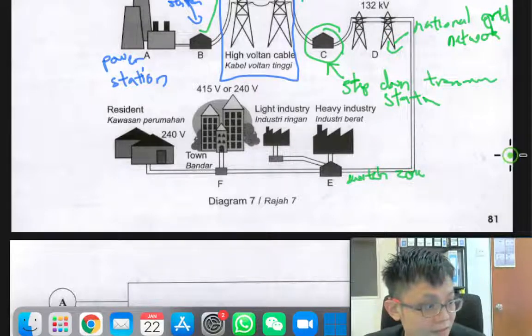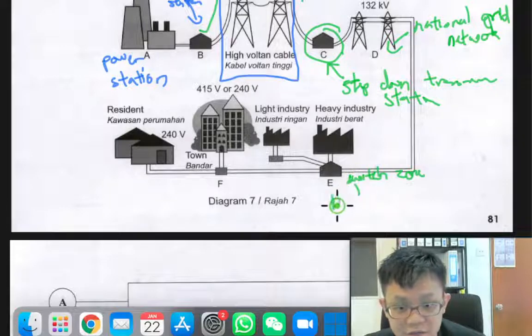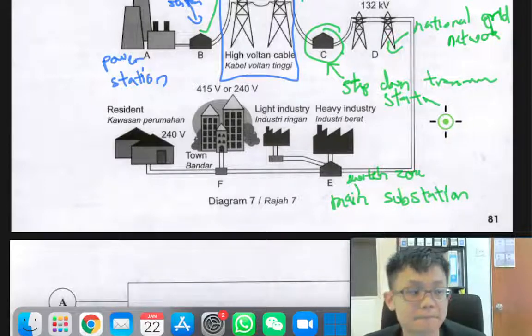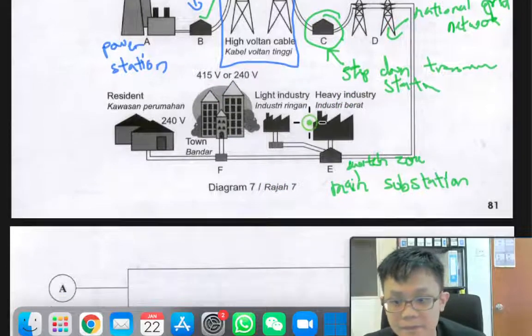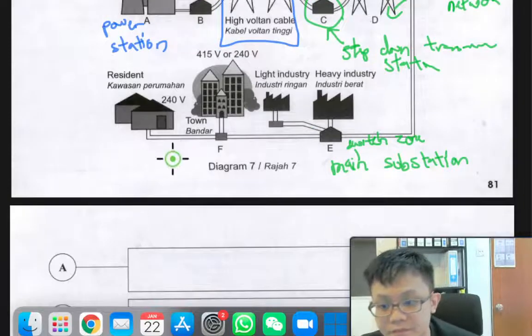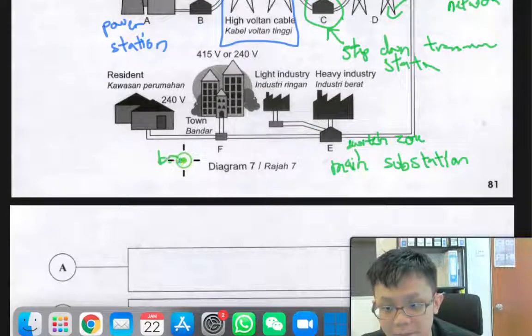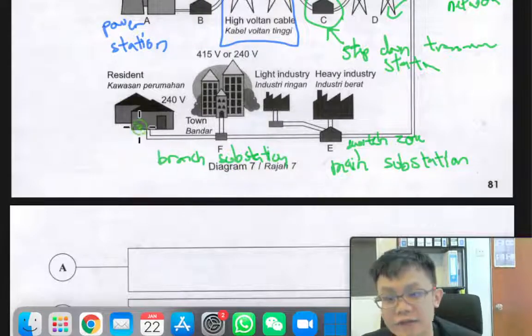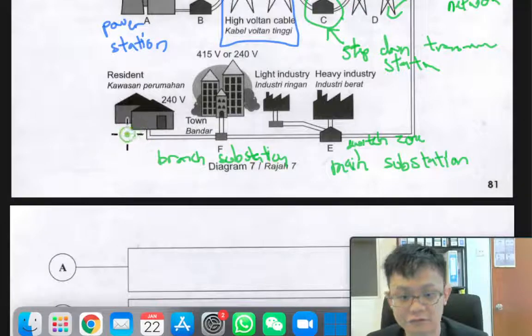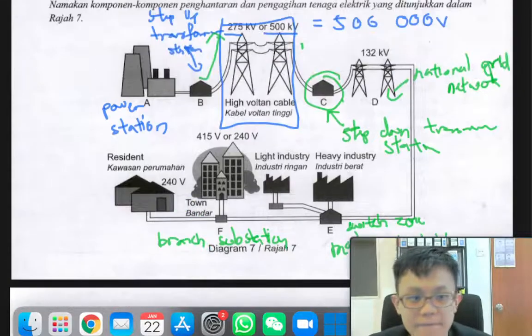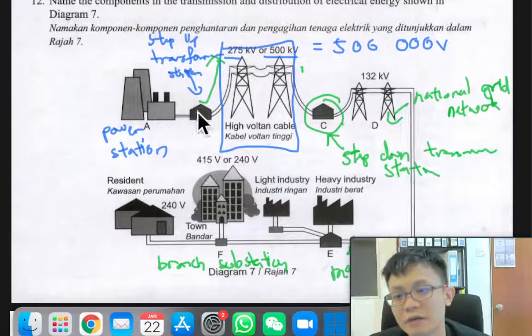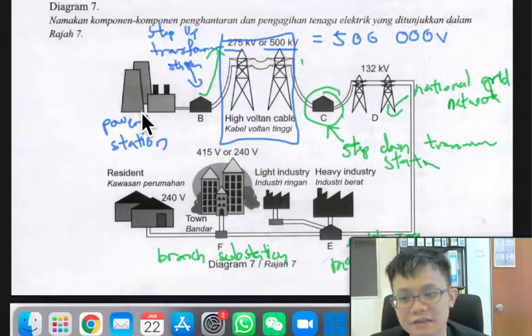Oh, but here it says main substation. How about F? F will be the branch substation. Then you go and use it in your house. So this will be more about memorizing. You just need to remember.